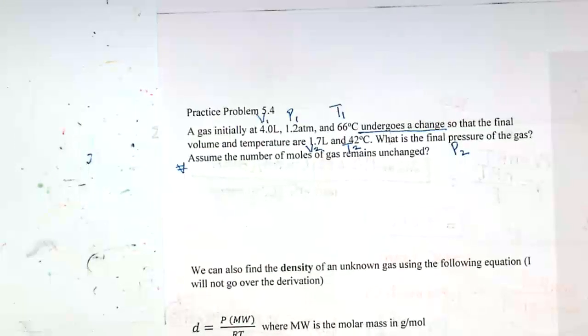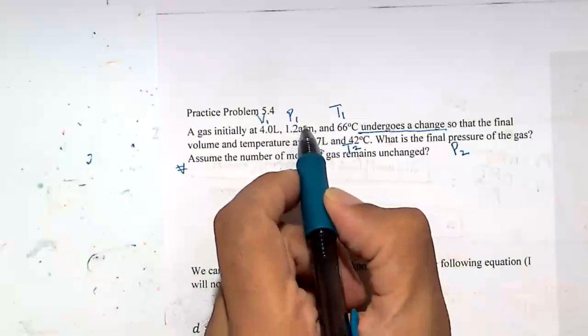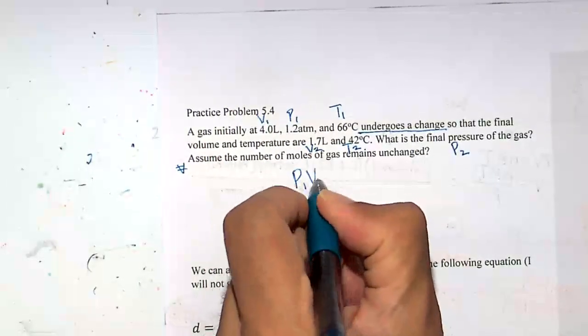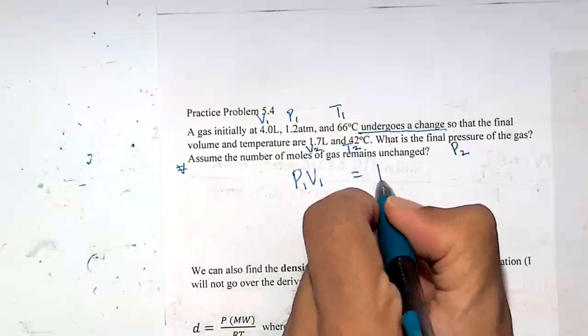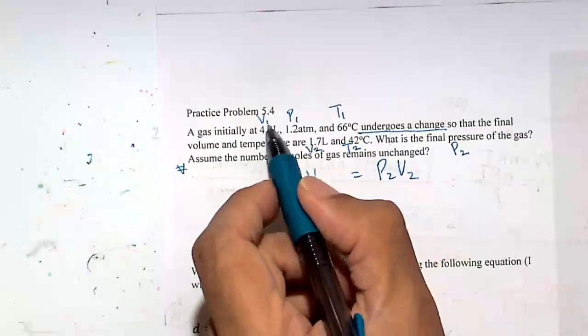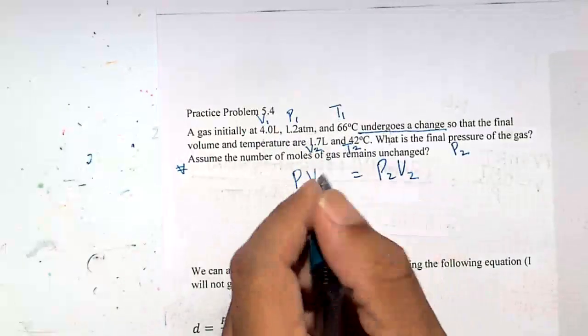Okay, so this is going to be an individual gas law, but it's actually combined. So what's the relationship between P and V? It's P1 V1 equals P2 V2. And what's the relationship between V and T?